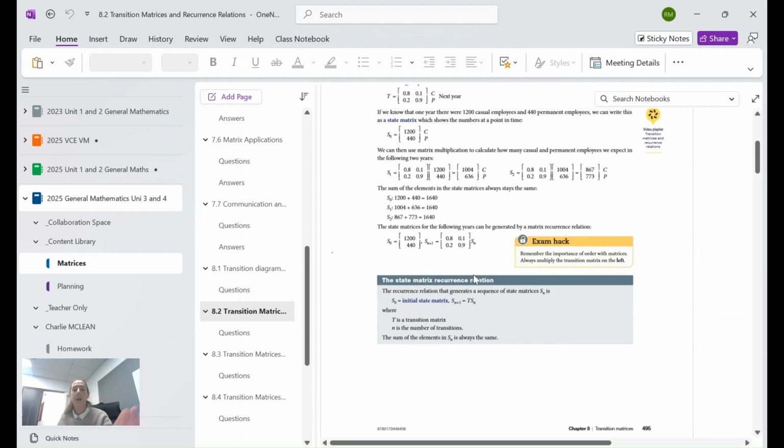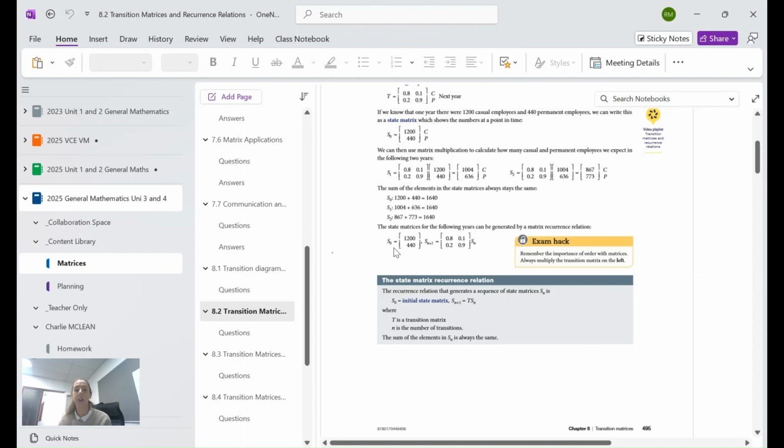To actually write this out in terms of a recurrence relation, it would look like this. We have S0 equals, and we put our initial state matrix there, comma, Sn plus 1. Sn plus 1 is the next number in our sequence and is equal to our transition matrix T multiplied by Sn, which is the previous number in our sequence.